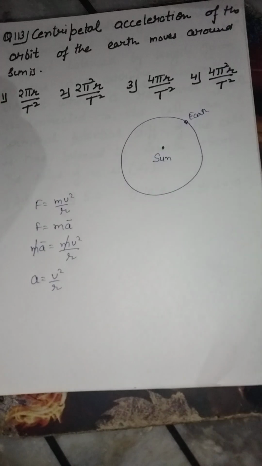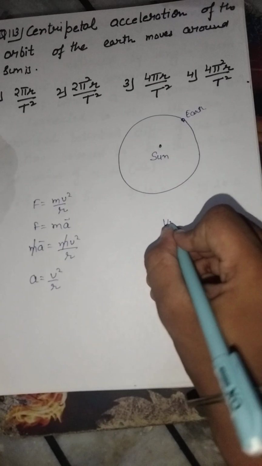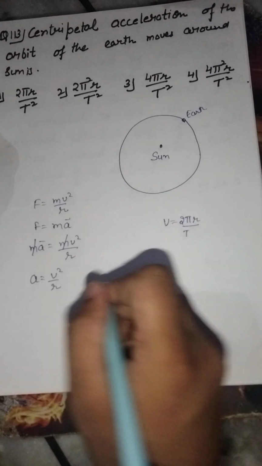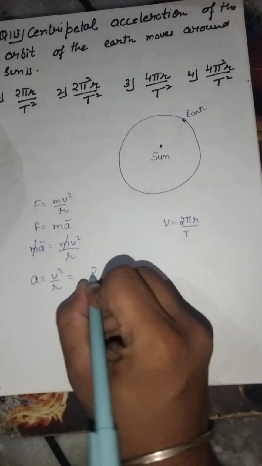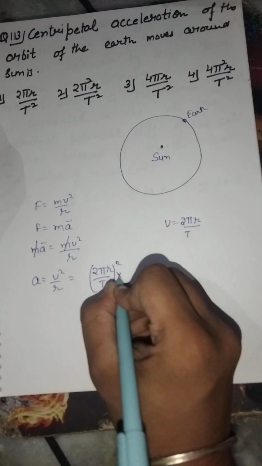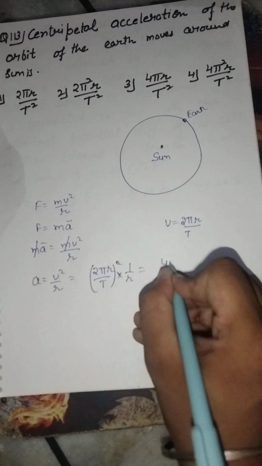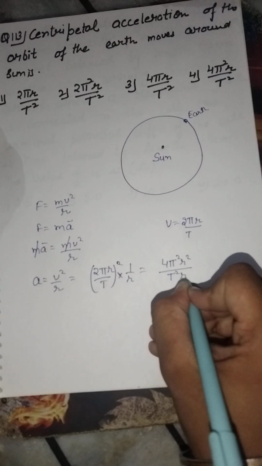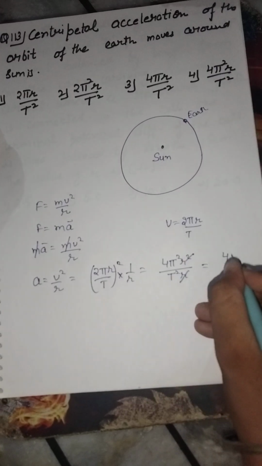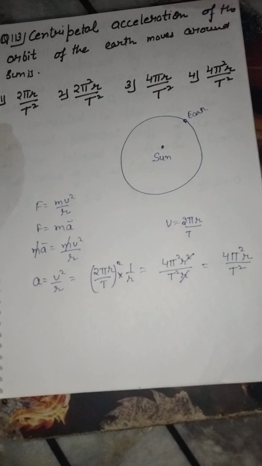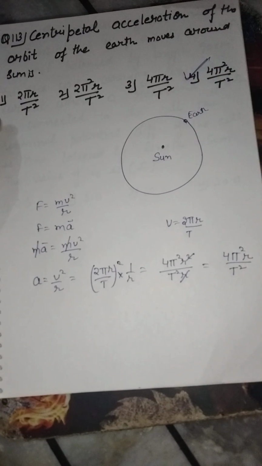When an object is moving in uniform circular motion, v is the uniform speed 2 pi r by T. Put in this equation: (2 pi r by T) whole square into 1 by r, that comes out equal to 4 pi square r square by T square into r. Centripetal acceleration is 4 pi square r by T square. So our option 4 is correct.